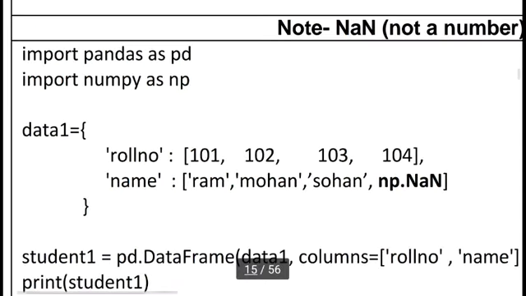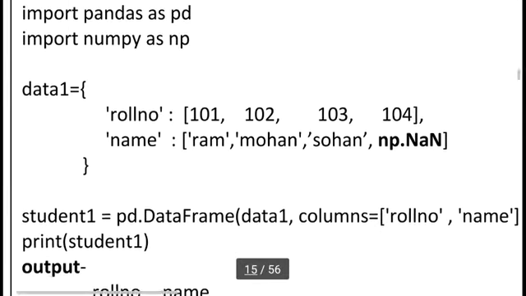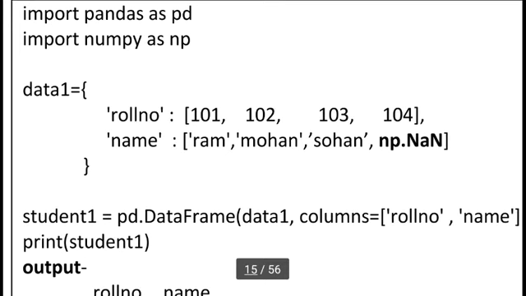Here you can see, I am using import pandas as pd, import numpy as np. This is a library, and data1 is equal to roll number 101, 102, 103, 104, name Ram, Mohan, Sohan. And here you can see roll number 104, but the name is not available here. So the name is unknown.